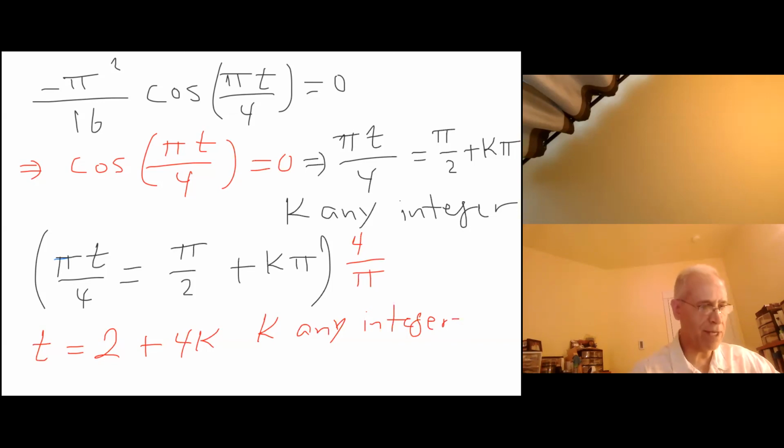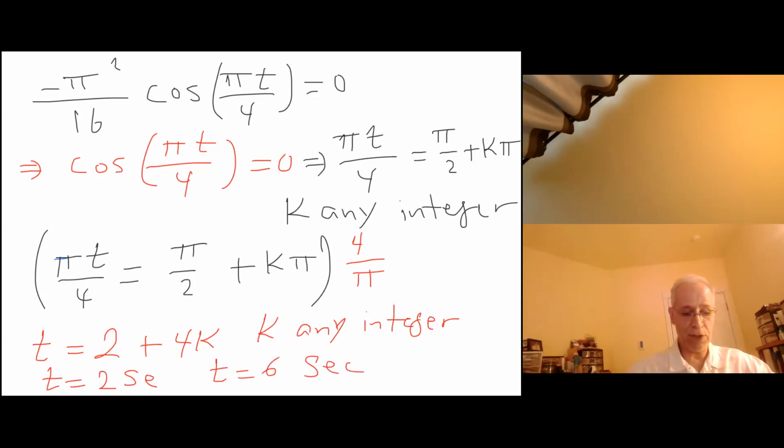When k is 0, t equals 2 seconds. When k is 1, t equals 6 seconds. When k is 2, 4 times 2 is 8, 8 plus 2 is 10 seconds.